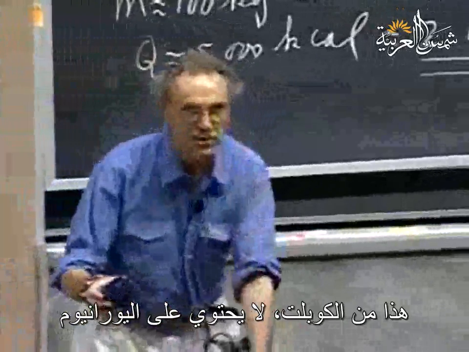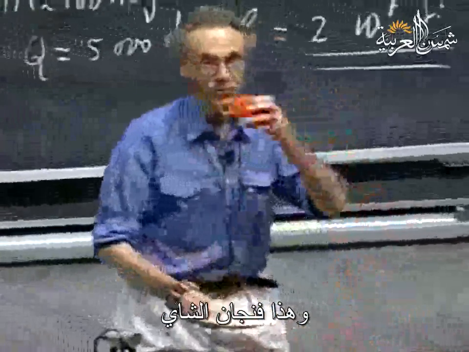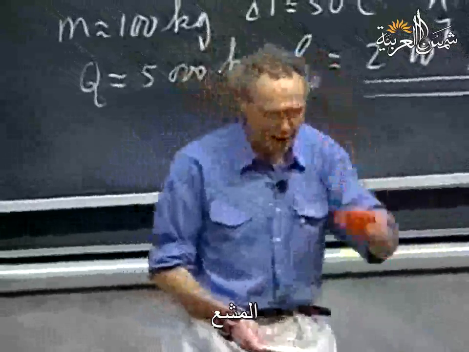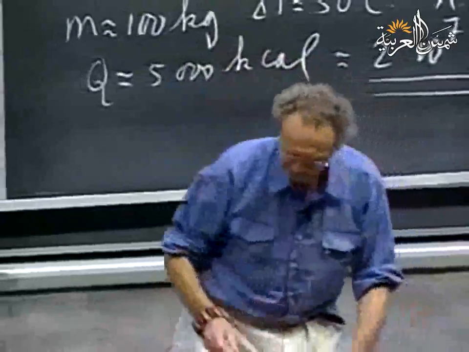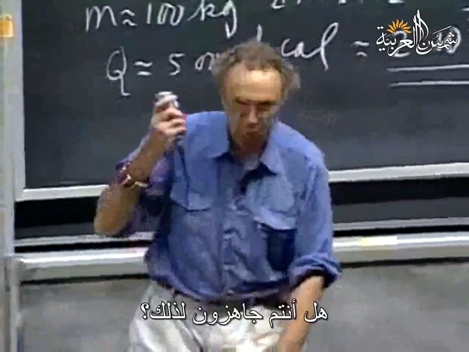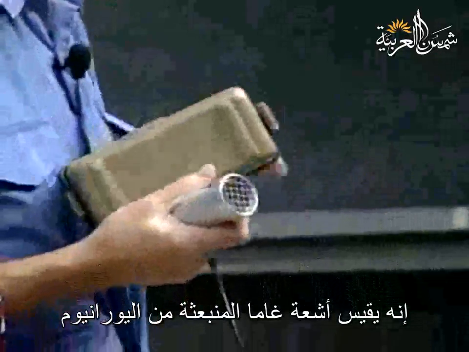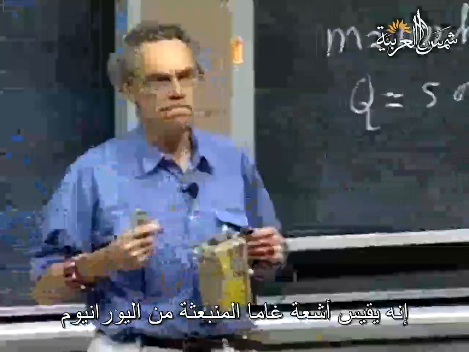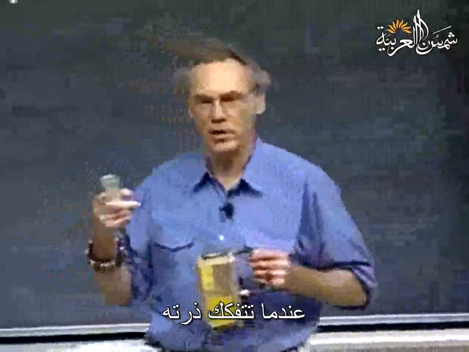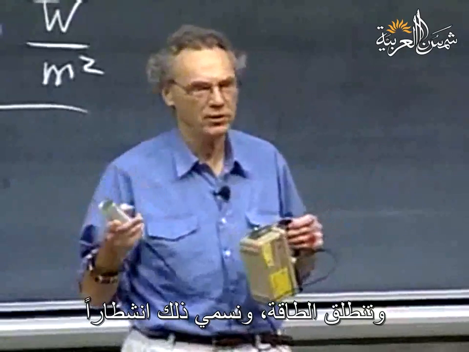This is cobalt. It has no uranium in it. And this, again, is my cup of tea. Radioactive uranium oxide. Okay. You ready for this? You hear this? This is a Geiger tube. You can measure the gamma rays that the uranium emits when it spontaneously breaks up in pieces and energy is released. We call that fission.